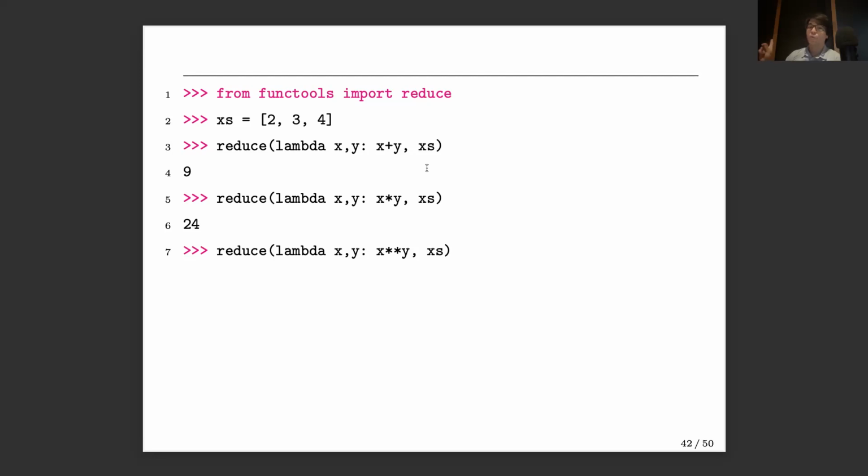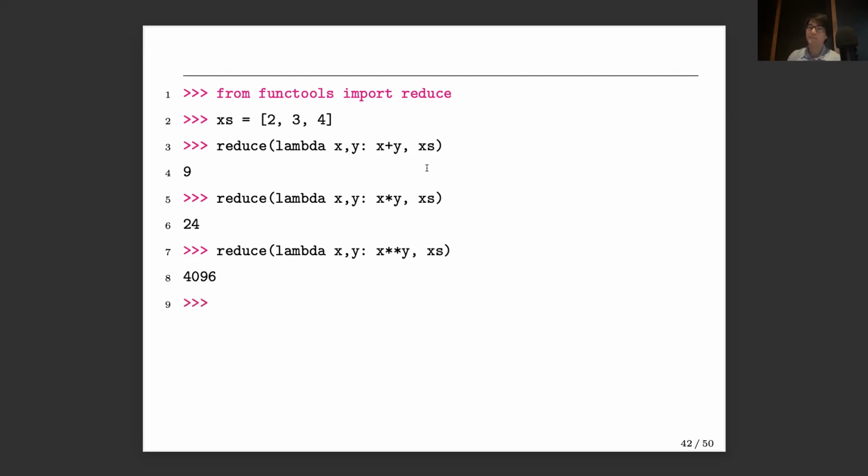So what is this going to return? I'm doing 2 to the power of 3 to the power of 4, right? But depending how I bracket, you may get either (2 to the power of 3) to the power of 4 or 2 to the power of (3 to the power of 4). So which one is it? Well, let's just take a look.